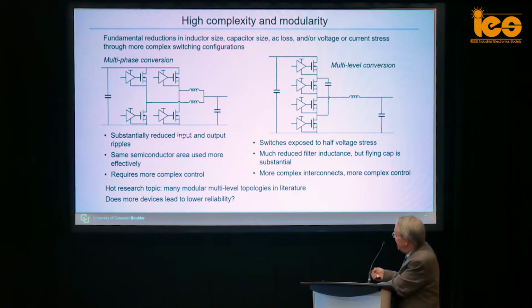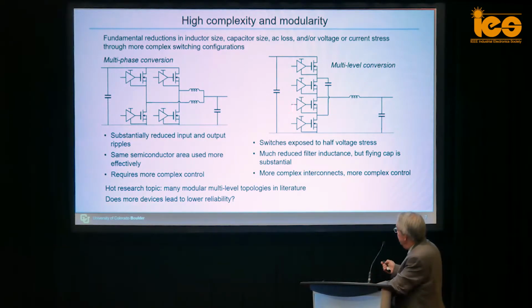We can get substantially reduced input and output voltage and current ripples. Effectively, we're using the same semiconductor area more effectively and reducing the size of the capacitive filters. But this takes more complex control, more gates to control, more gate drivers, and so on.